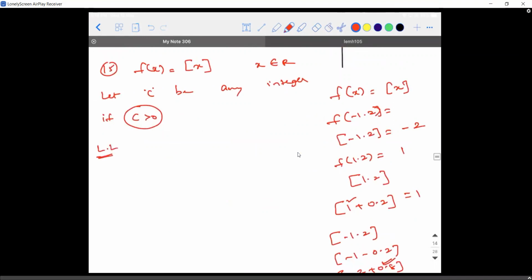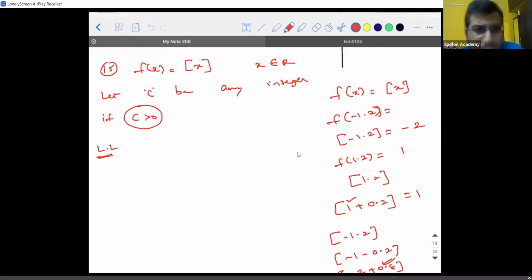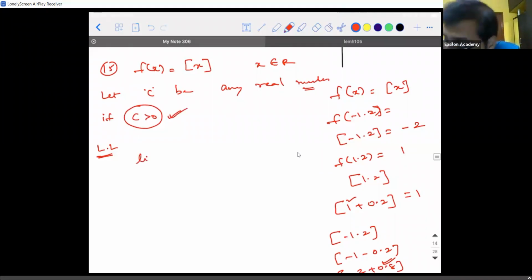If I find the left limit, it need not be 1, it can be anything, 1.23, 2.3, anything. C is some number. Sorry, I took it as an integer. Let C be any real number. If I take C to be greater than 0, then what is going to be the value of the left limit for C greater than 0? For some value of C, limit x tends to C minus.